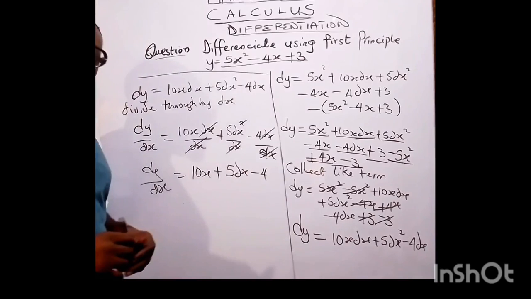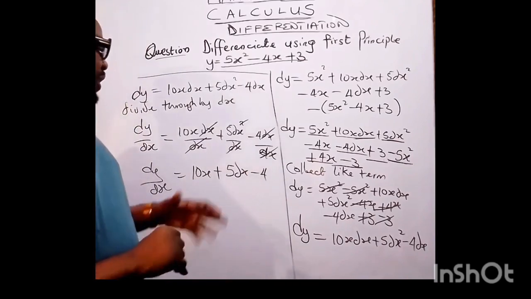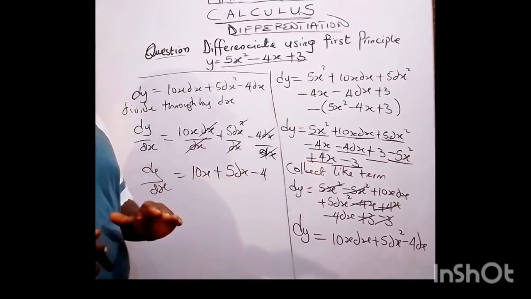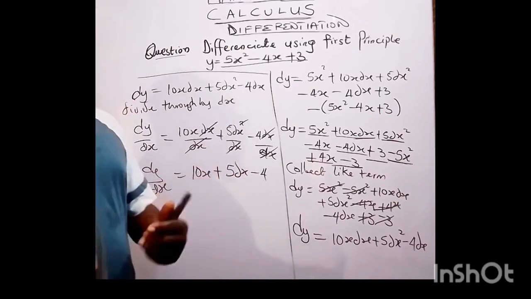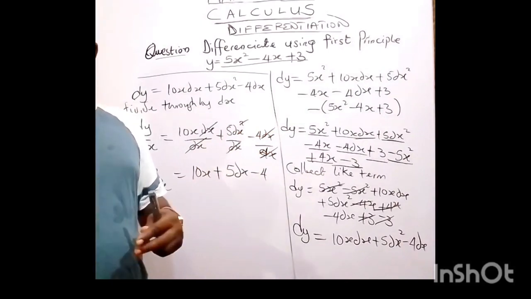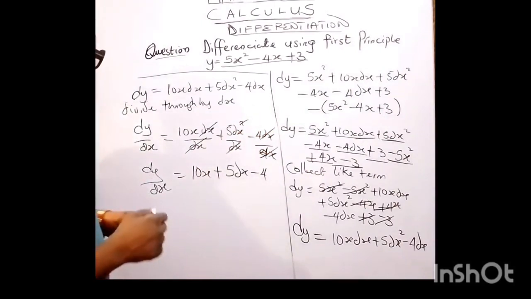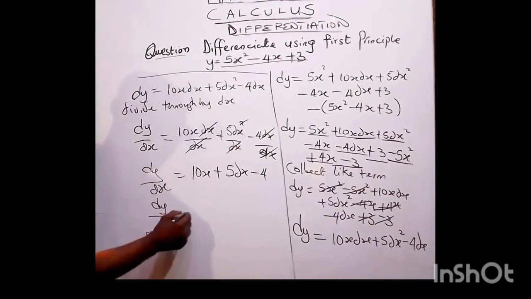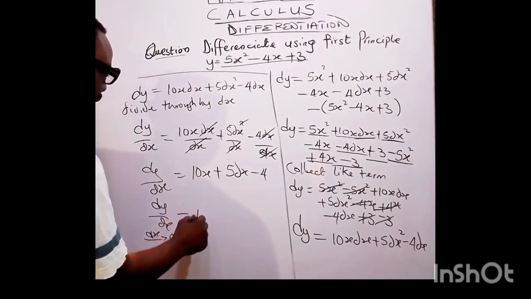Now at this stage, whenever you see it like this, that we are having just a single value for dx, what you are going to do here is look at the value of dy/dx as dx tends to 0. That's how you're going to do it. Your arrow like that will be equal to 10x.